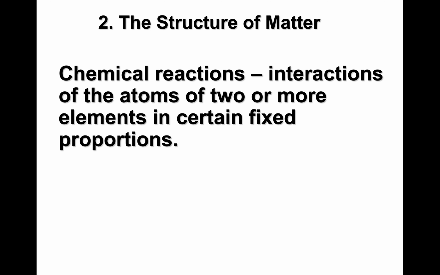There we have a chemical reaction. That means one mineral is reacting away and another one is formed, for example. And there we have the interactions of atoms of 2 or more elements in a certain fixed proportion. So we have chemical reactions between our minerals.